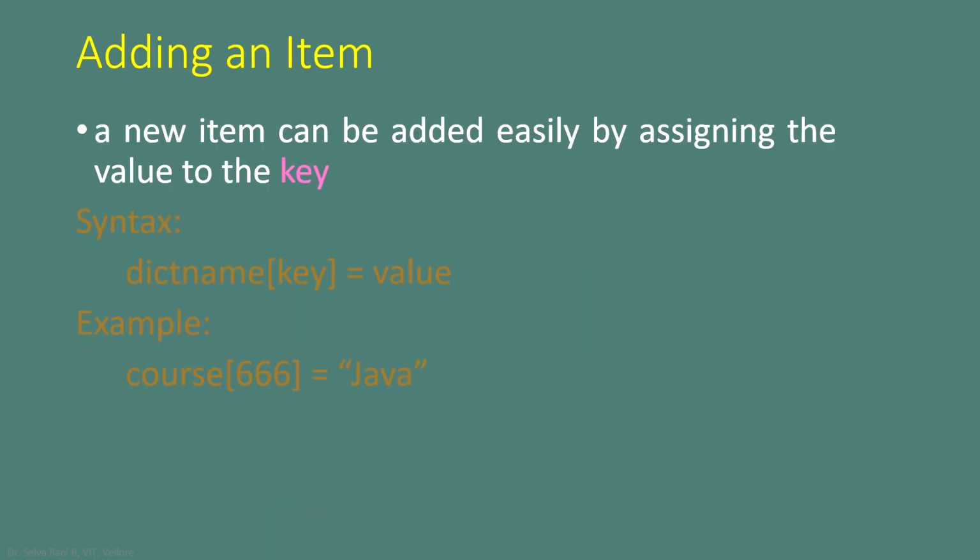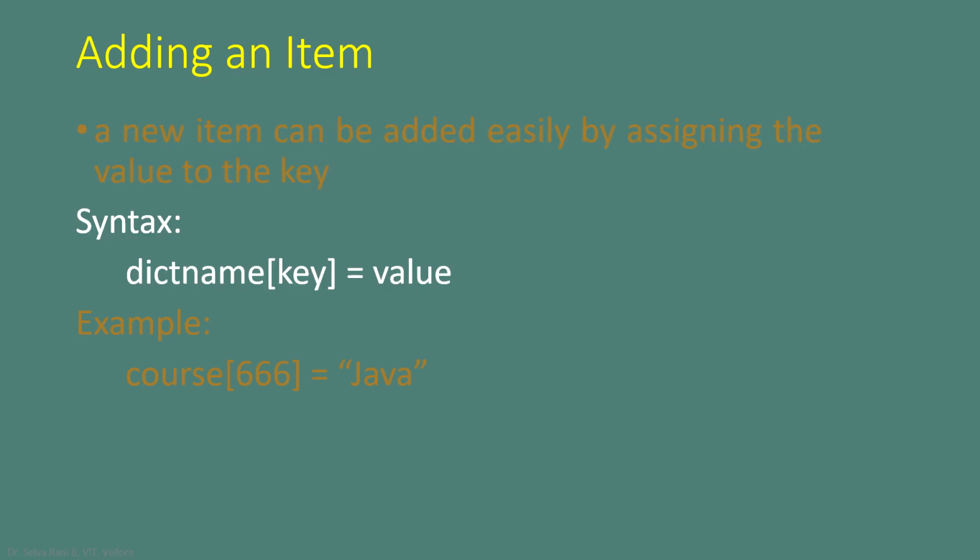Now let's see how to add an item into an existing dictionary. A new item can be easily added by assigning the value to its key. The syntax is the name of the dictionary, inside square brackets the key, equal to the value. So this new value will be added to the dictionary along with its key.